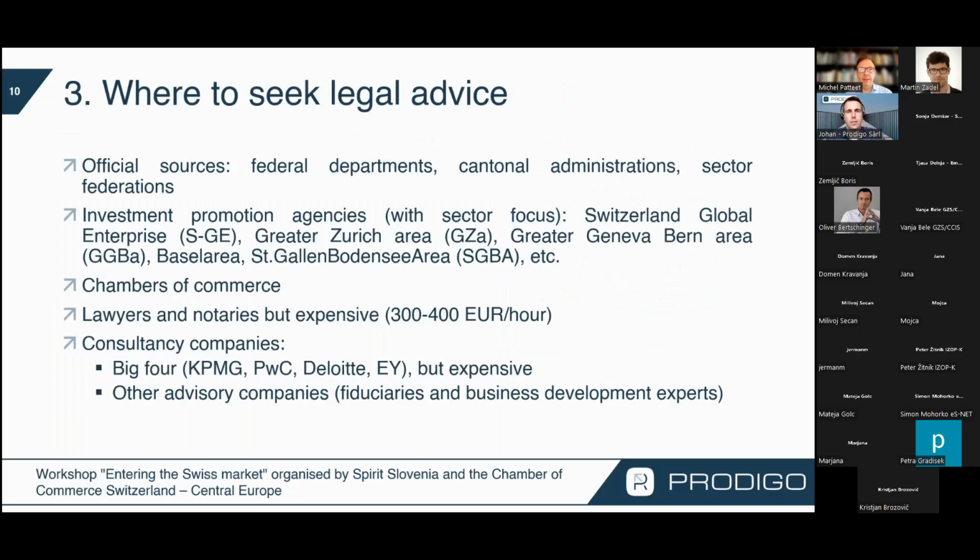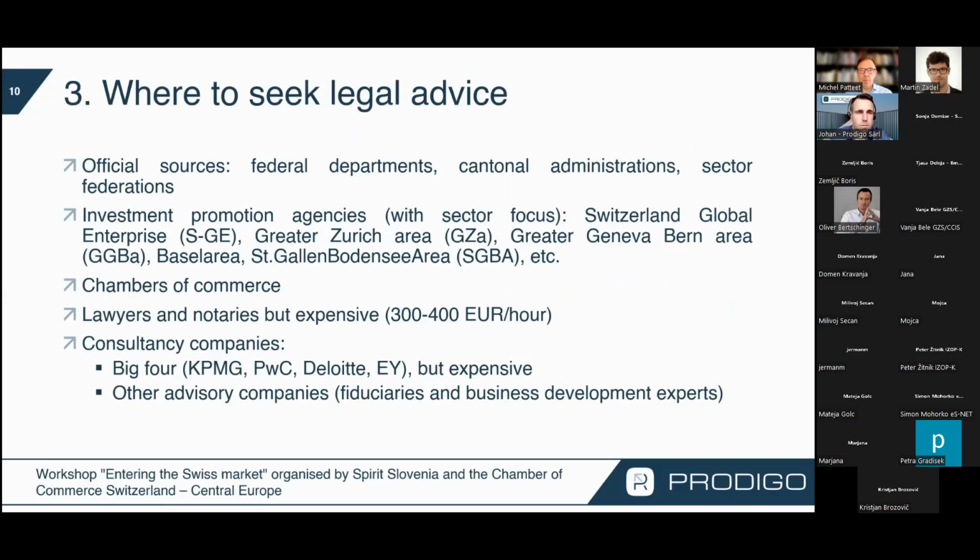Now, where to seek legal advice? Firstly, a lot of information is available through official sources such as federal offices or cantonal administrations. Often this information is available in the 3 official languages, so German, French, and Italian, sometimes also in English.